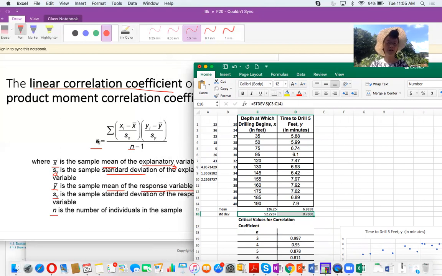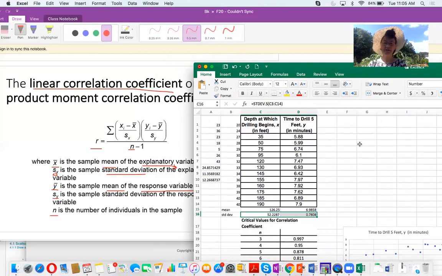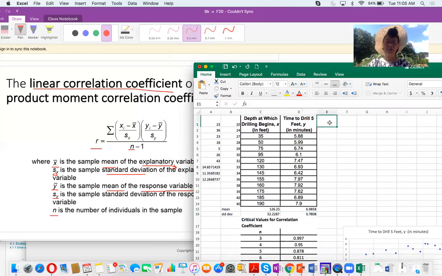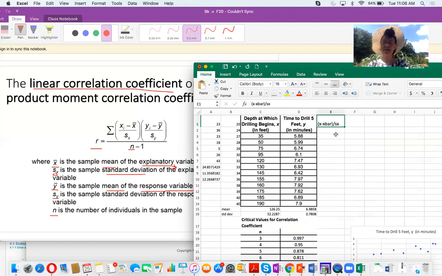Next, how do I figure out this R? To figure out this R, I need to calculate this. I'm going to calculate Xi minus X bar divided by Sx.